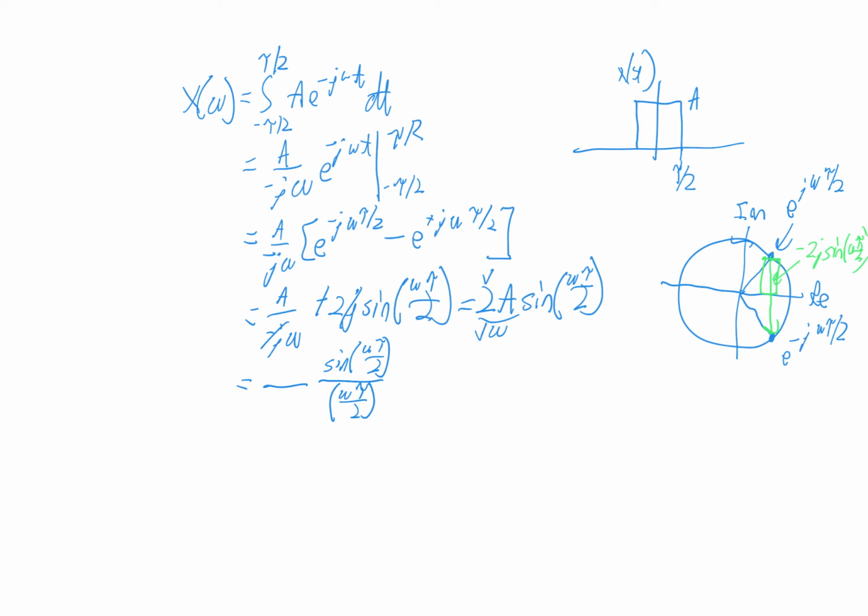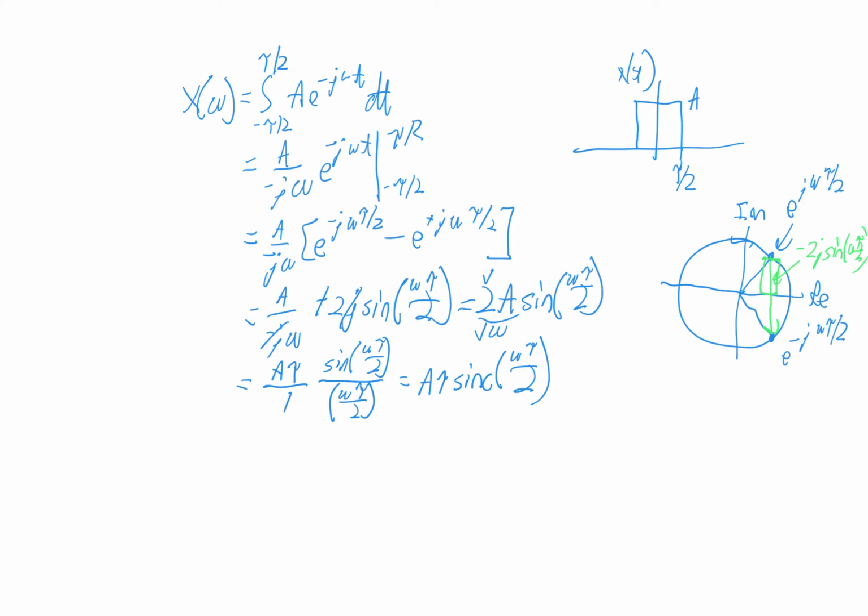And I also have a tau in the denominator, so I need to balance that out with a tau in the numerator. And I have my original a, and I've taken care of all the terms of the denominator out front, so I just have that. So I have a tau sinc omega tau over 2.